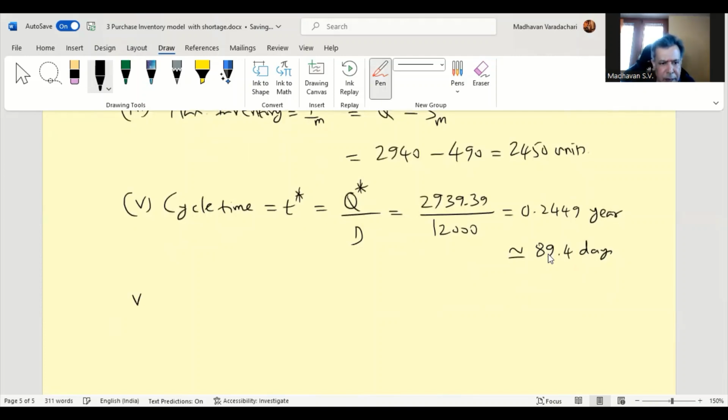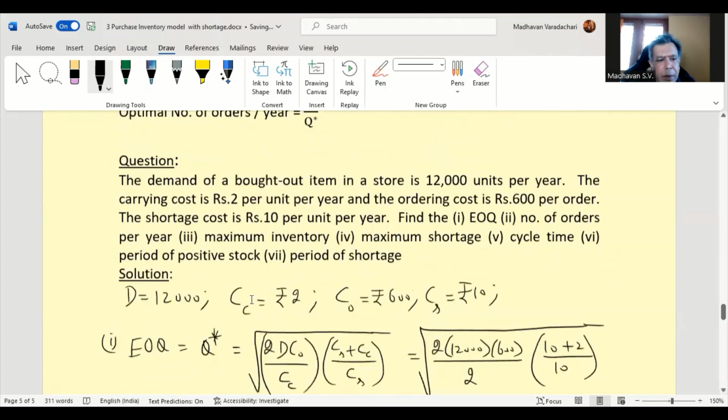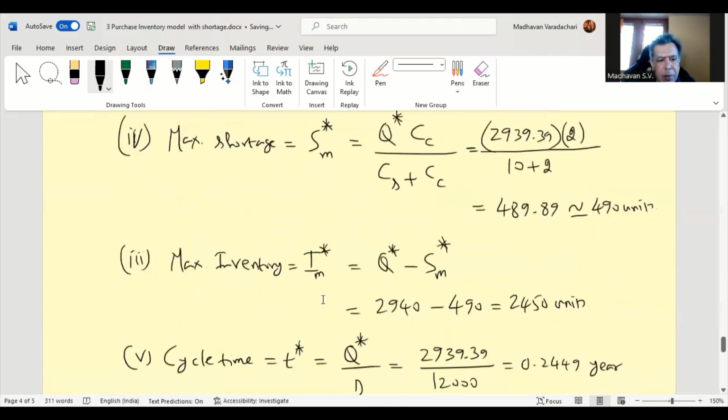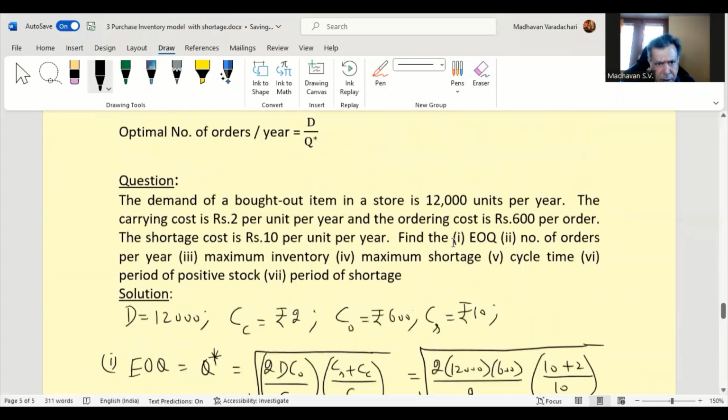The next one is period of positive stock, which is T1 star, and that we know should be IM star by D. Let us check once again.